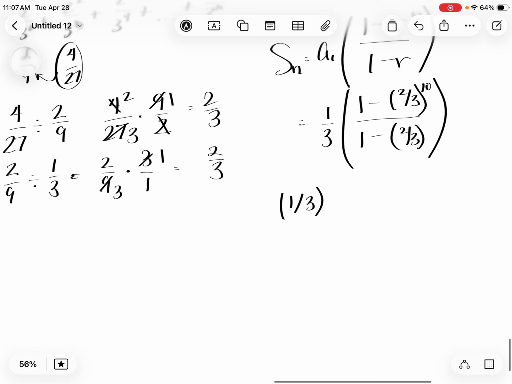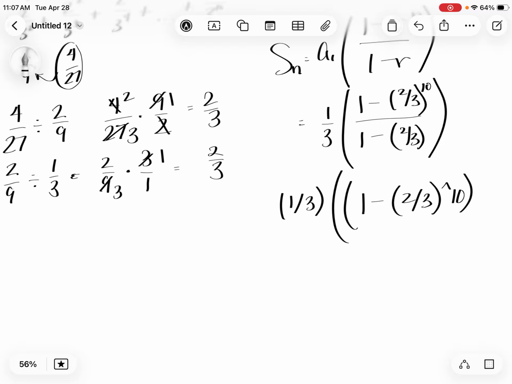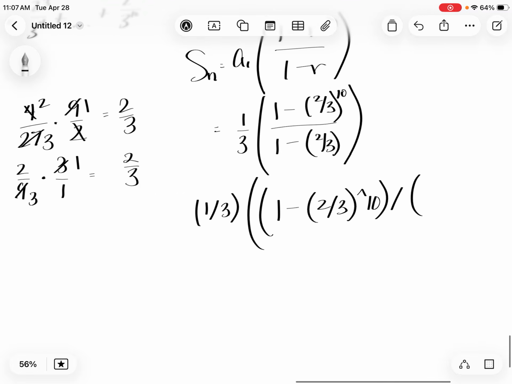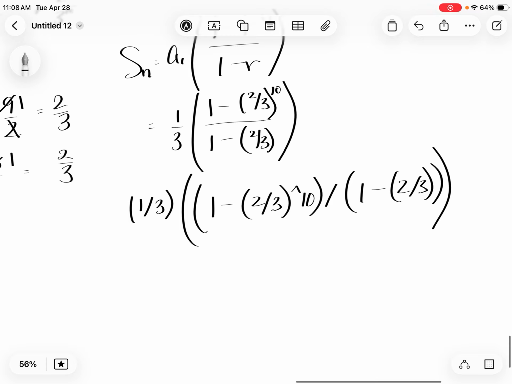1/3, parenthesis, whole thing, top, 1 minus parentheses, 2/3, close it, caret 10, close the top, divided by open the bottom, 1 minus, open the fraction, close the bottom, close the whole thing. Poof, lots of parentheses. Do not skip the parentheses, because if you do, you're going to have part of it wrong.